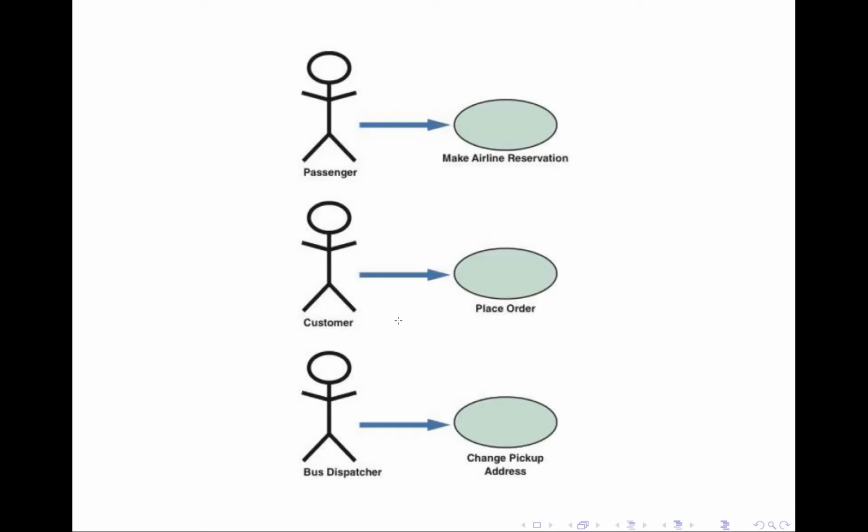So if you are already familiar with some other notation, you can also prefer to use it. There's no fixed set of rules that you should use this one. But here the use case is represented outside the oval. The second one, you will see the customer placing an order. And the third one is the bus dispatcher changing a pickup address.